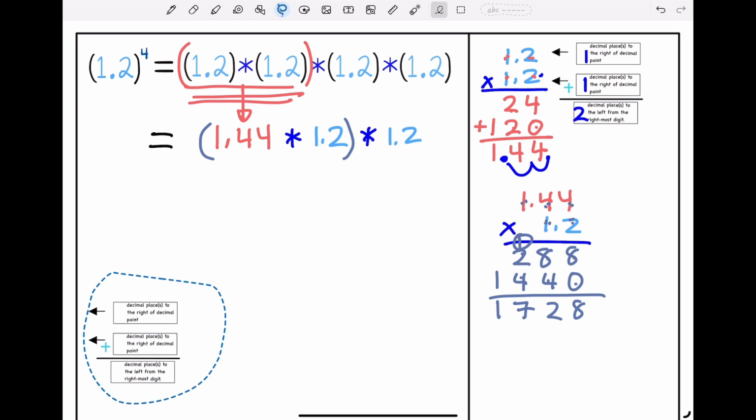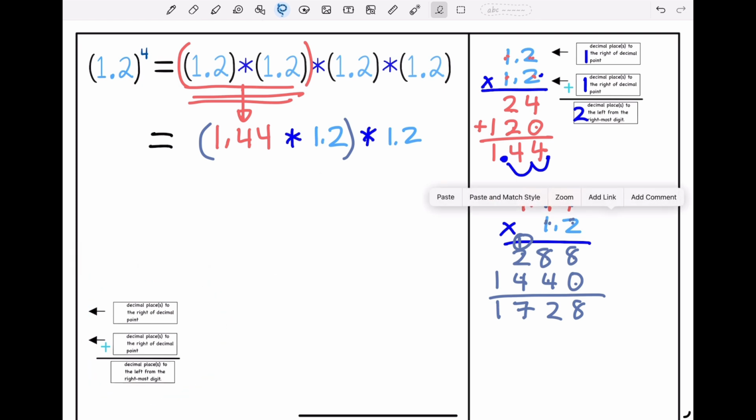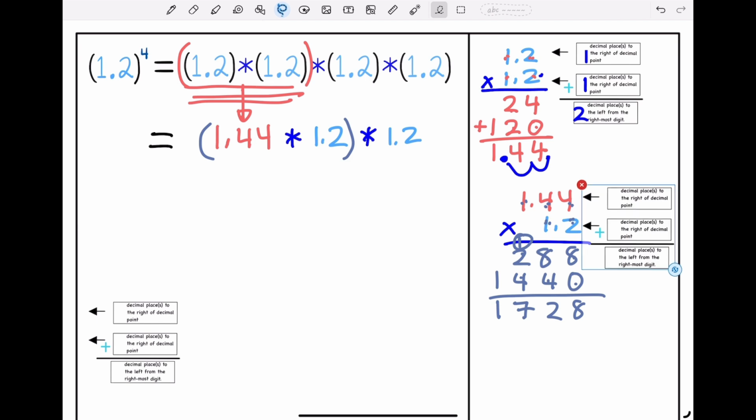So now we repeat that process of counting the decimal places. Let's do that here. Cut and paste. 1.44 has 2 decimal places to the right of the decimal point, so we have 2 here. And 1.2 has 1 decimal place to the right, so we have 1. Now we add the 2 and the 1, so we have 3 total decimal places.